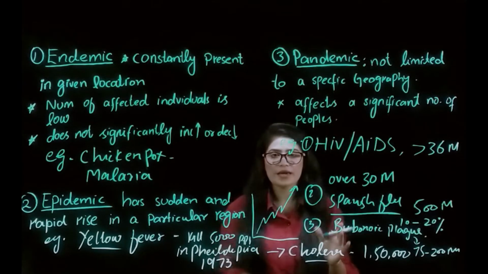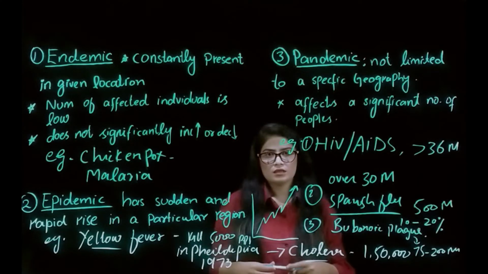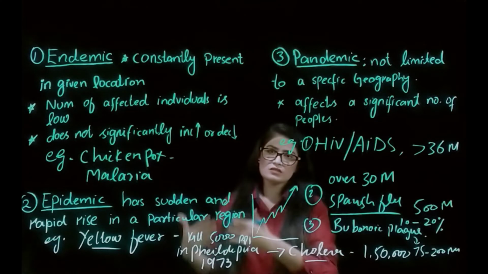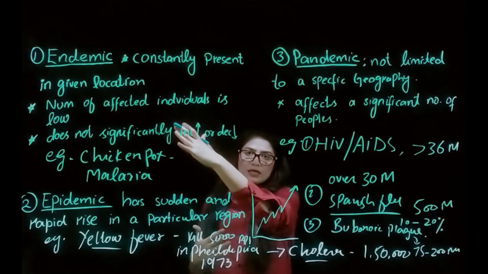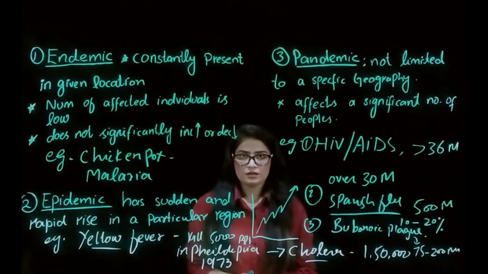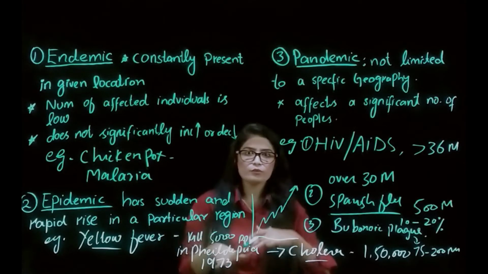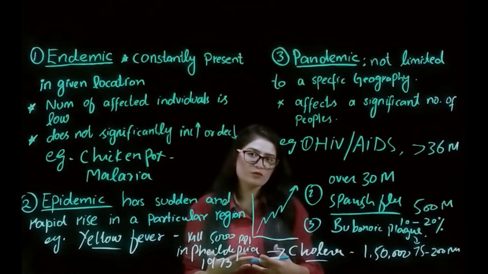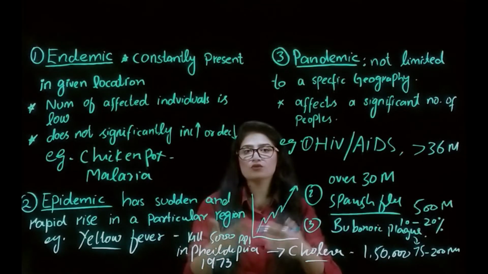So today we discussed three terms: how epidemiologists classify the spread and prevalence of health issues, in the case of endemic, epidemic, and pandemic. Like we discussed, endemic is constantly present in a region, population or given geography, and the number of individuals constantly affected doesn't increase or decrease.